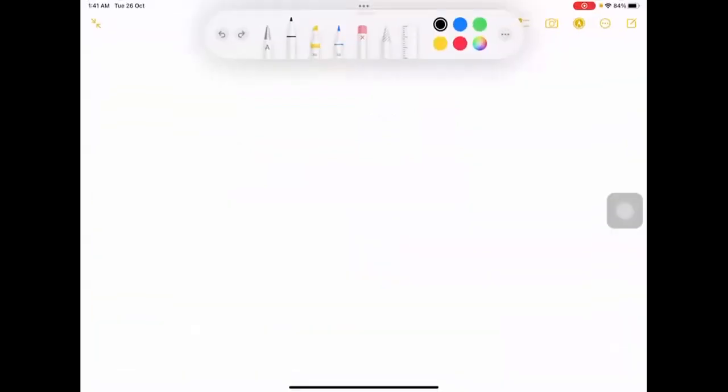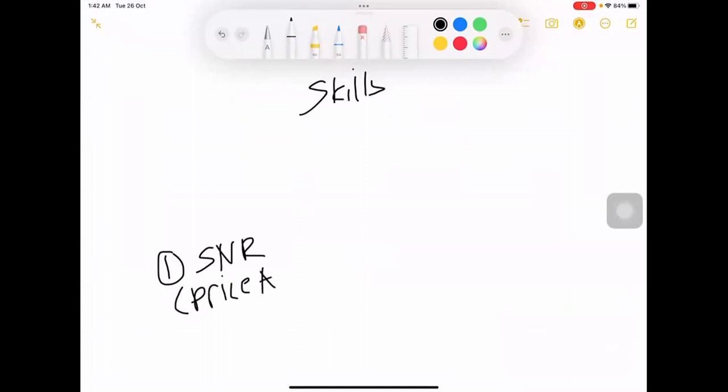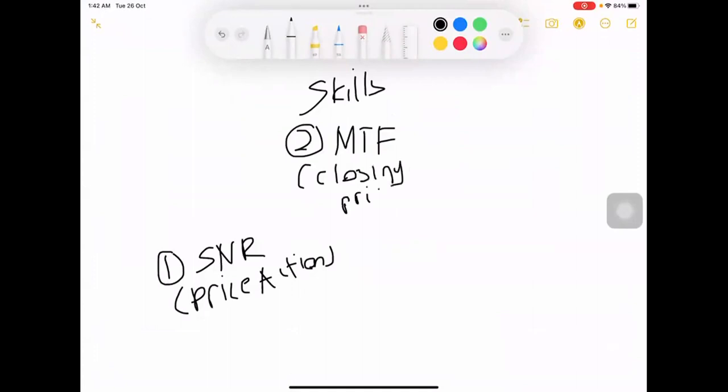So we refresh back. What are our skills? Number one is SNR, price action. Number two, multi-time frame, closing price.